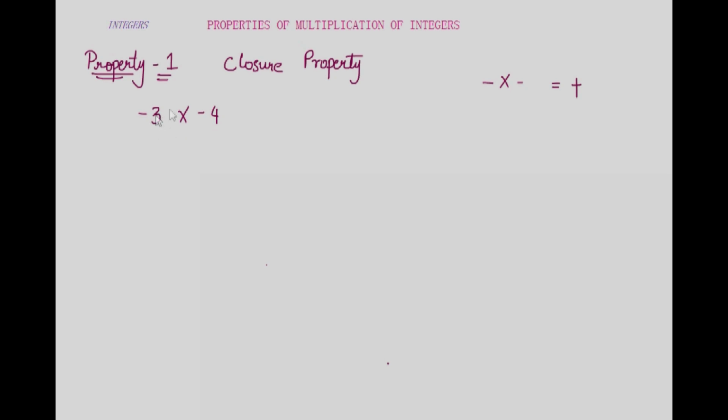So, minus into minus is equal to plus, and 3 into 4 is equal to 12. We know that 12 is also an integer. -3 is an integer and -4 is also an integer. The product of these two integers is also an integer. -3 into -4 is equal to 12.